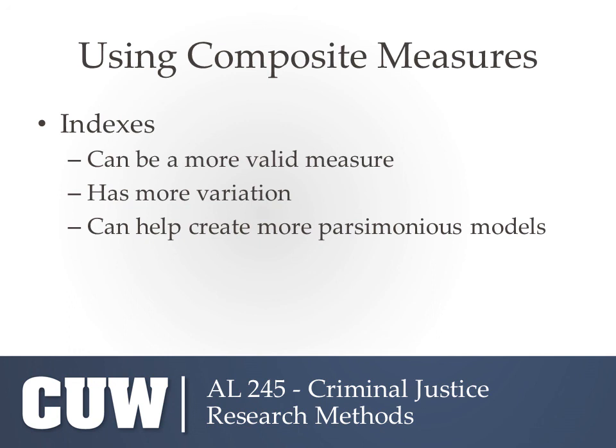We talked about this a little bit before when we described the difference between idiographic and nomothetic explanations. Parsimonious models just have fewer variables, and scientists tend to like parsimonious models better because they have greater generalizability. Right? They can be applied to more situations.